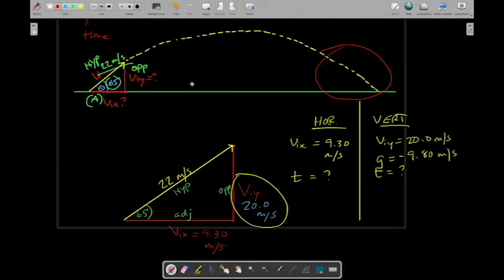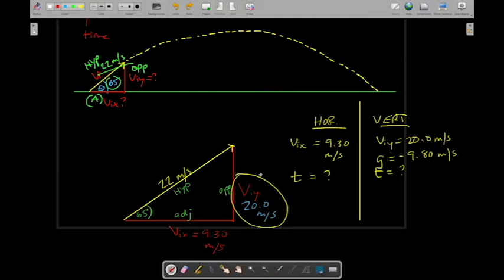One of the concepts you have to know in regards to projectile motion is that whatever initial velocities you find, whether it's the overall initial velocity, our initial vertical, or our initial horizontal, as well as the angle itself, 65 degrees, whatever values you find on the initial side also apply to the final side as well.